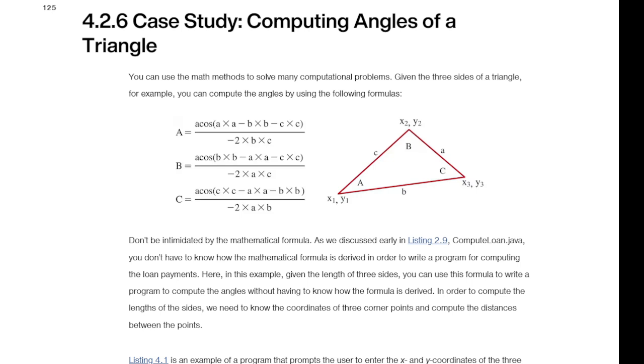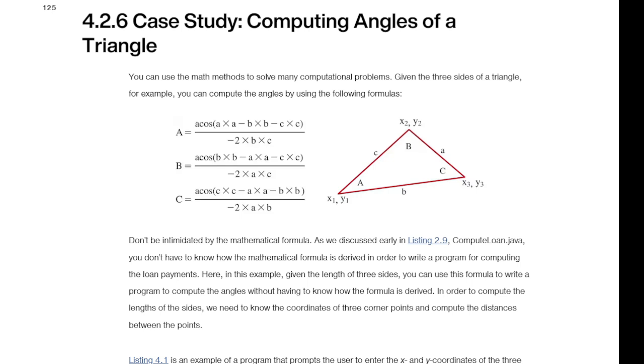And notice we can make these three separate points. So if we enter point 1, point 2, point 3, they'll form a triangle, and we can figure out the length of the sides. So we're going to make a program that enters point 1, point 2, point 3, 6 numbers to represent 3 points.